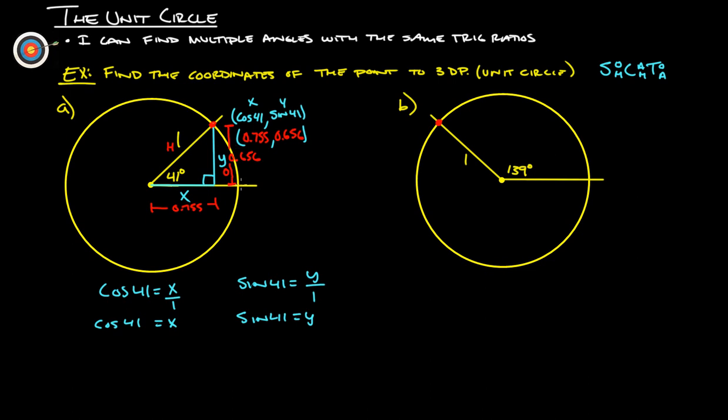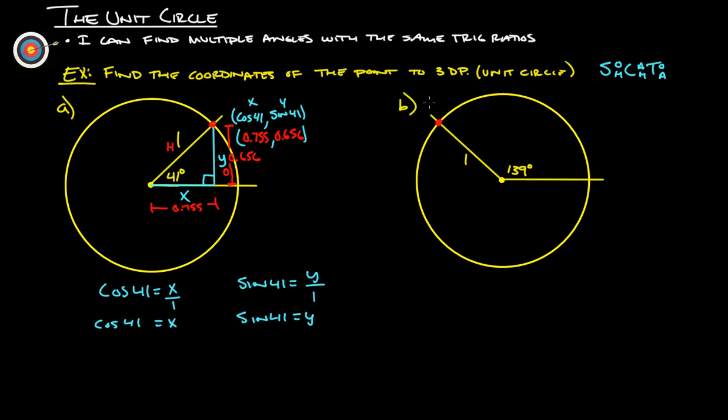That distance there is 0.656. So to get to this point right here that's got an angle on the unit circle of 41, we go over 0.755 and up 0.656. Okay?